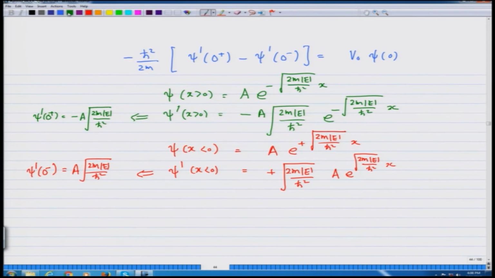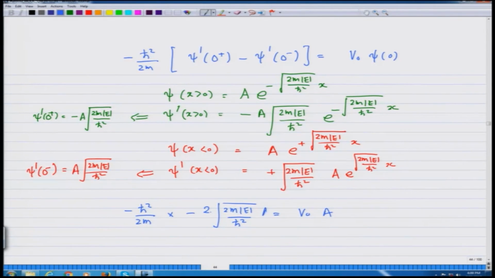So, if I substitute this in the equation above, the blue equation, I get minus h cross square over 2m times minus 2 square root of 2m mod E over h cross square is equal to V 0 times a.